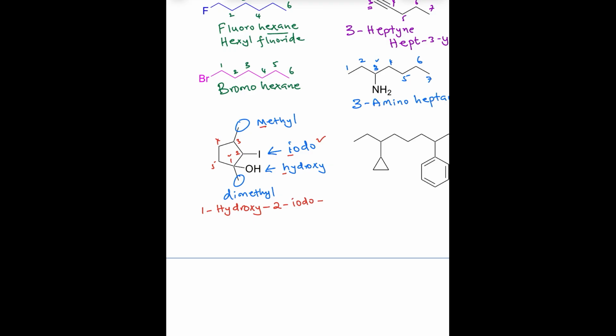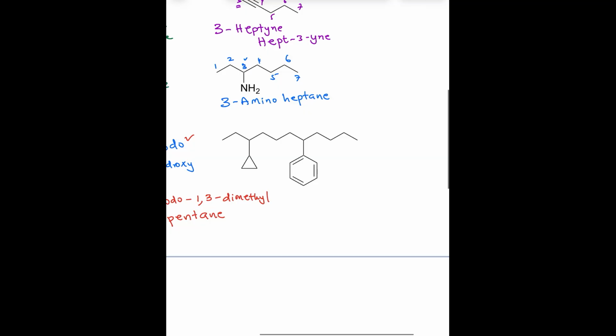Next, we have 2 methyl groups, that and that. So at position number 1 and position number 3, so we say 1,3-dimethyl. So we finish all the side groups, and then we just add the parent name, which is a cyclic system, so cyclopentane. And that will be the name of that structure.